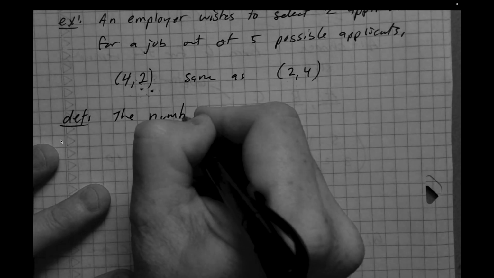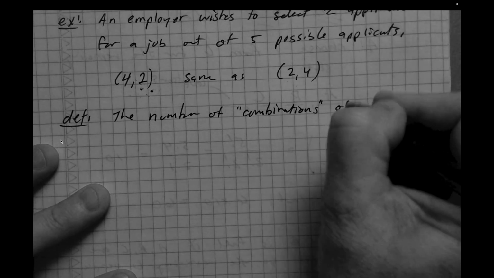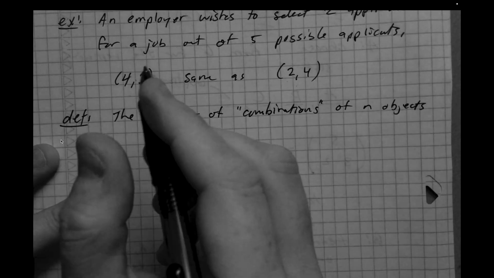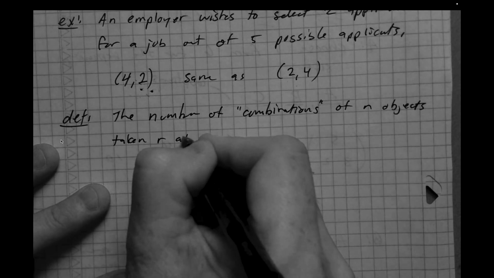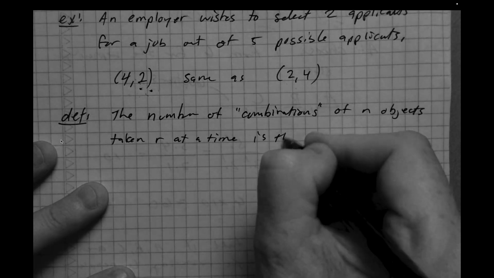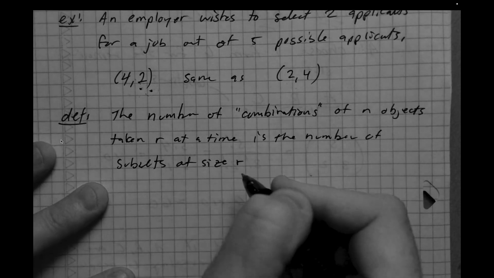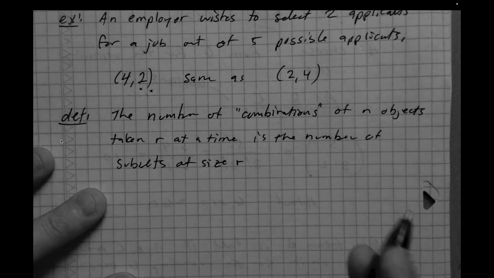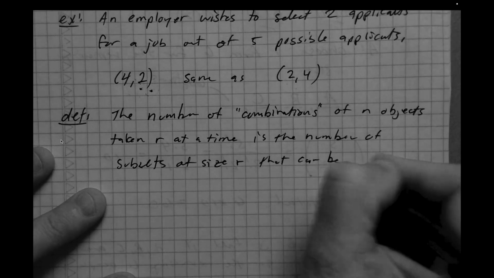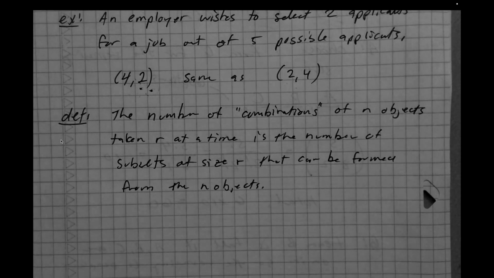We say the number of combinations of n objects taken r at a time is the number of subsets of size r that can be formed from the n objects.